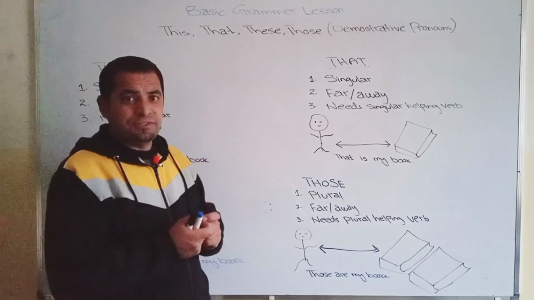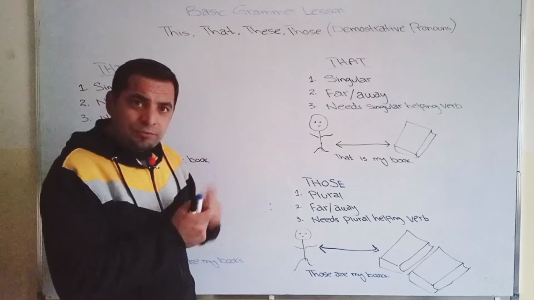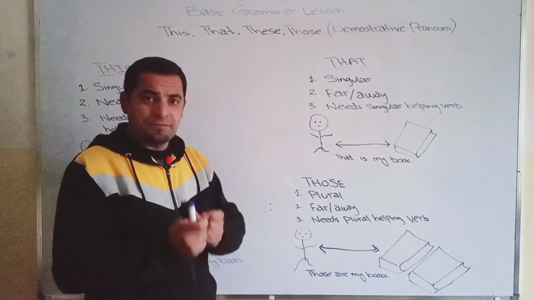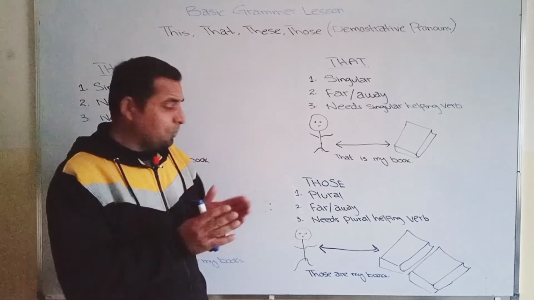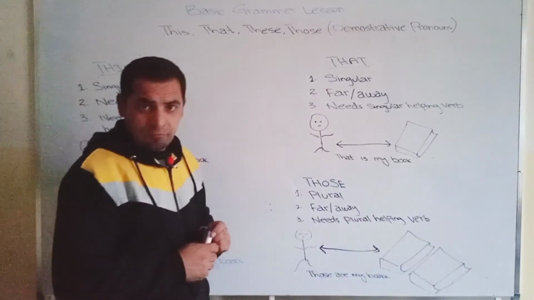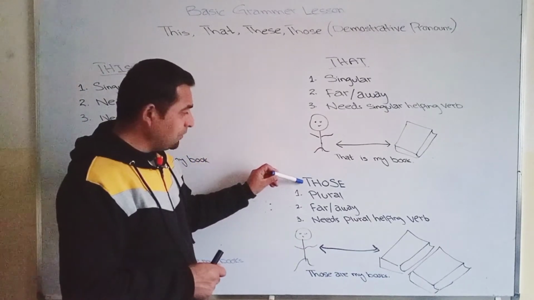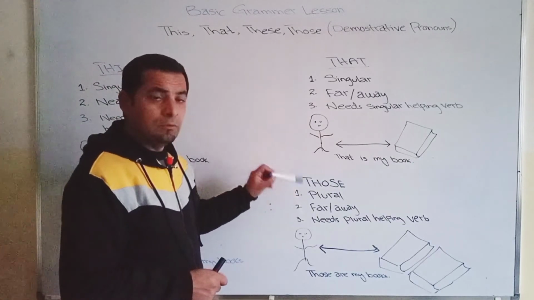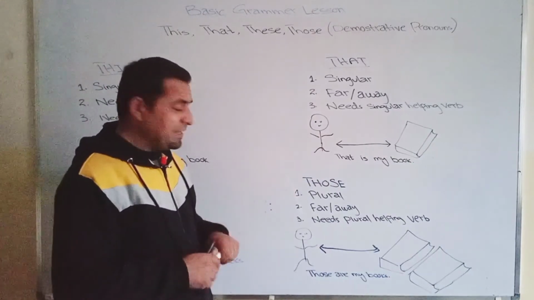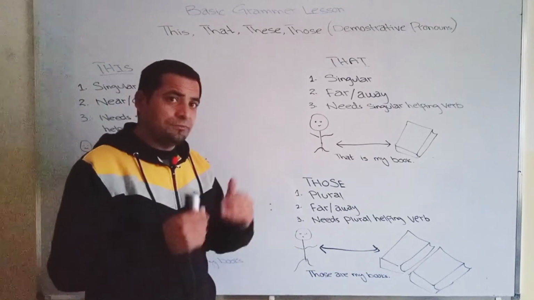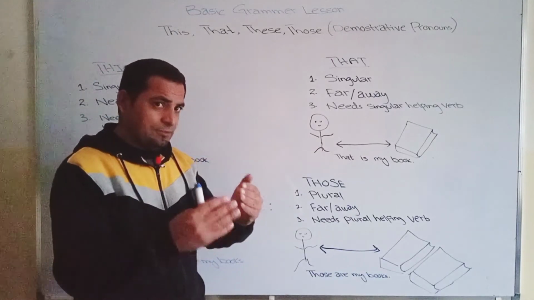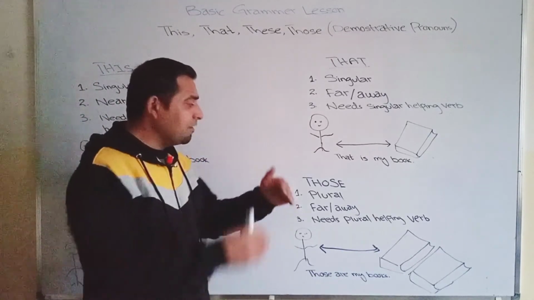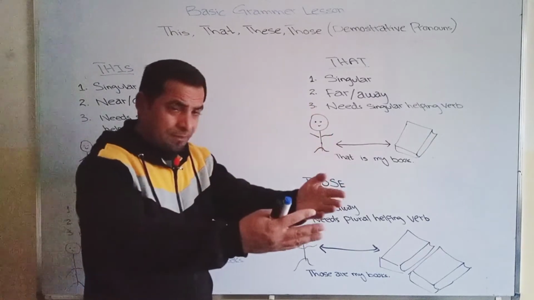Those is a demonstrative pronoun used to refer to objects or things or people when they exist in the plural form. So the first thing we need to know is that we use those to refer to plural objects. The second thing, we use those to refer to objects, things, or people when they are far or away from us.